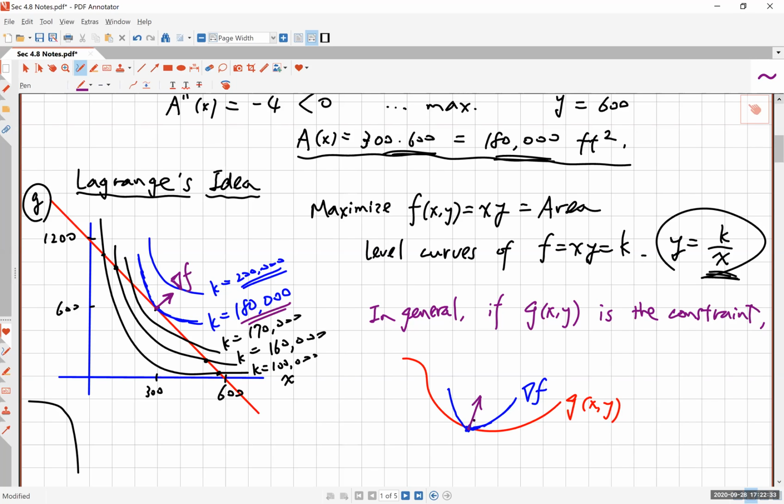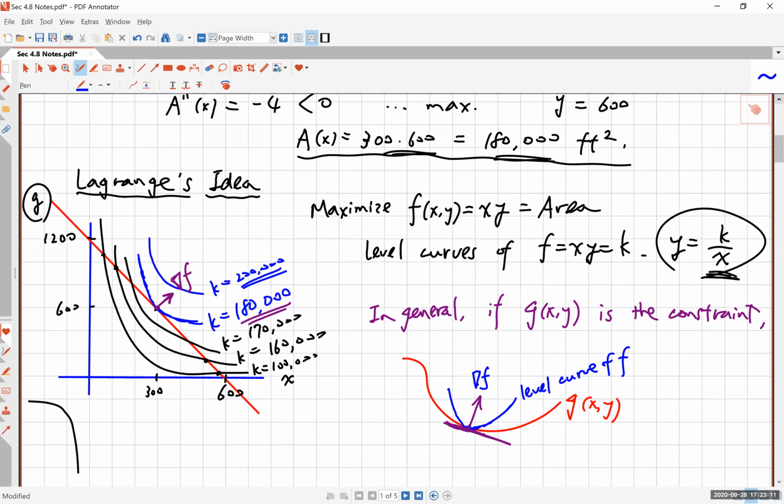And so the tangential direction has to be the tangent line to both G and the level curve of F. Actually, I should not be writing this as F; this is a level curve of F. But the gradient, which is perpendicular to the level curve, has to also be perpendicular to G. So that is the point.